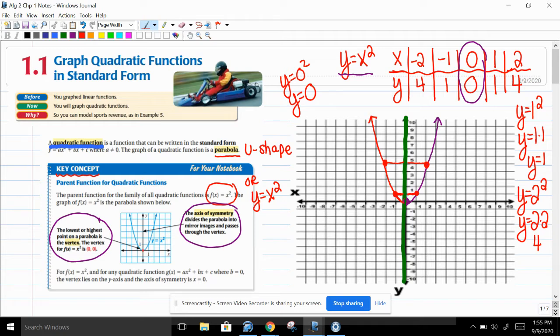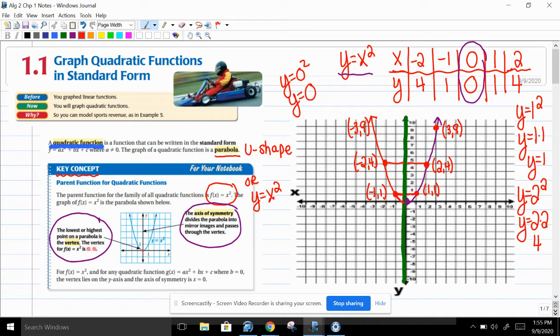If I was to expand this and go to 3 to the second power, that's going to go through 3, 9, right? So I got 1, 1, I got 2, 4, and now I have 3, 9, which means on the other side, I have -1, 1, -2, 4, and -3, 9.